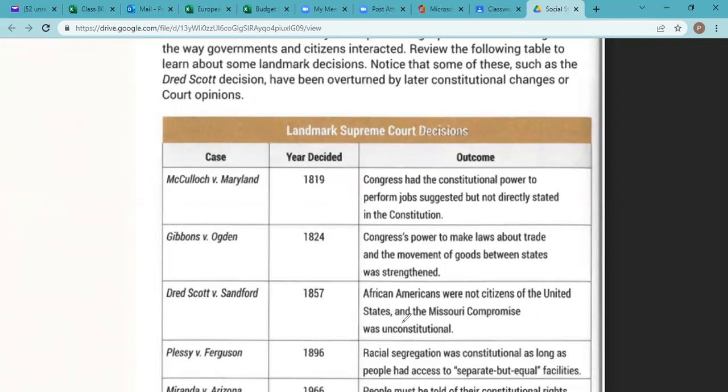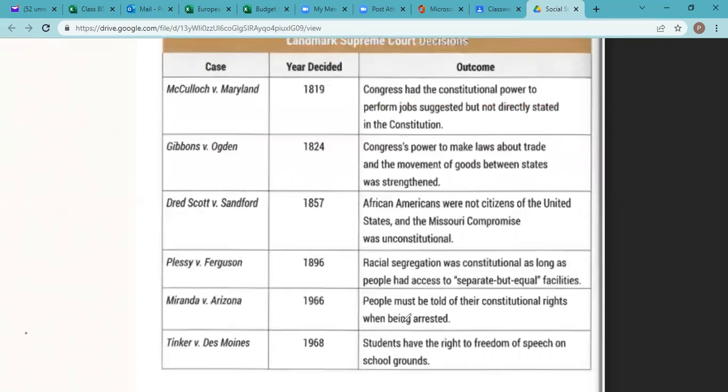Notice that some of these, such as the Dred Scott decision, have been overturned by later constitutional changes or court opinions. So for instance, the case McCulloch versus Maryland, 1819, and the outcome was Congress had the constitutional power to perform jobs suggested but not directly stated in the Constitution.